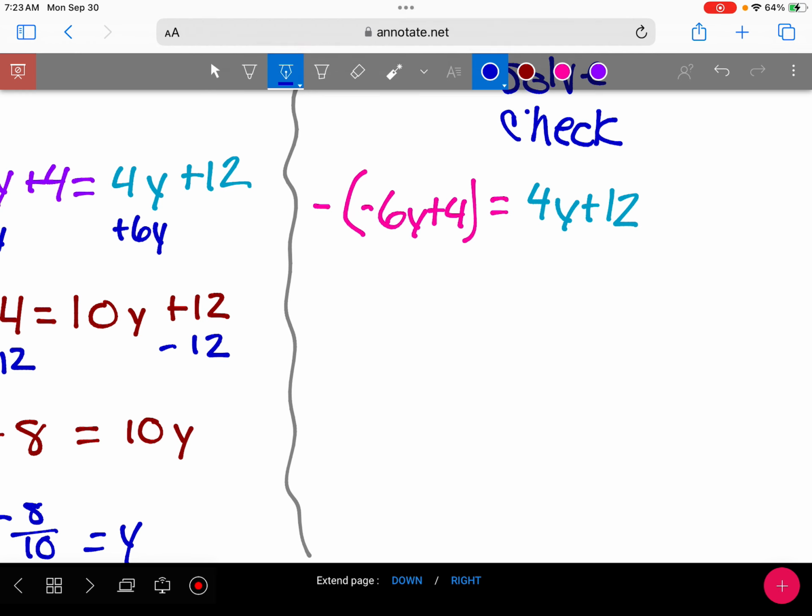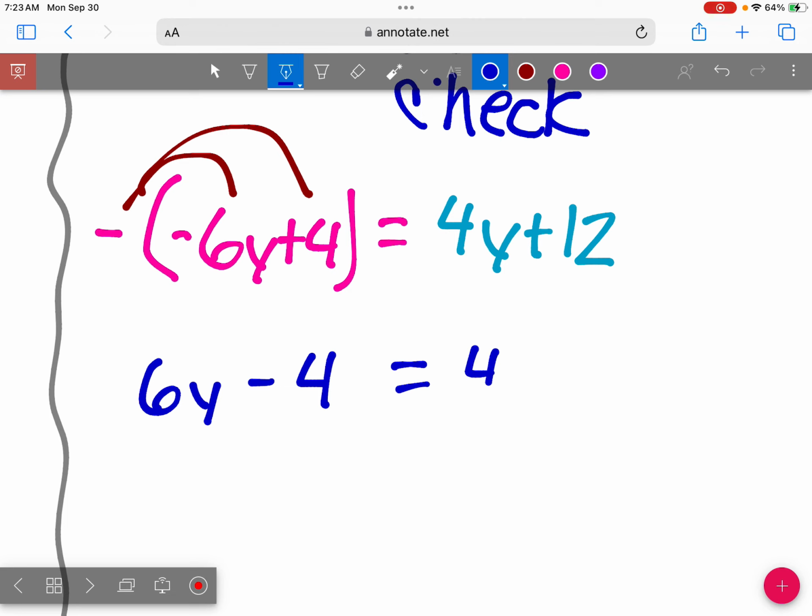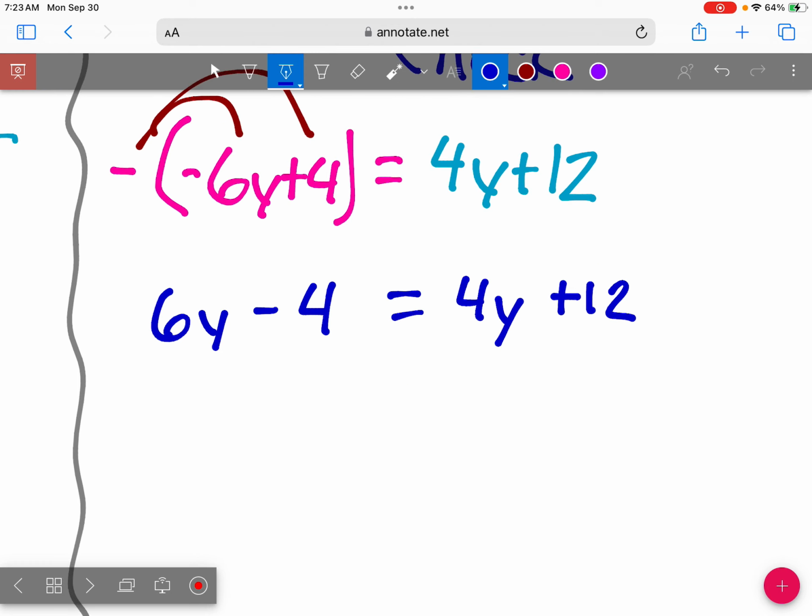So let's do the right-hand one, and then we'll do our checks. So on this first part, I need to distribute this minus sign through first. We have to do that first. So we're going to have our 6y minus 4 equals the 4y plus 12. So what do we do next?